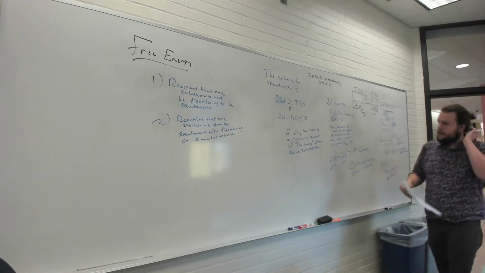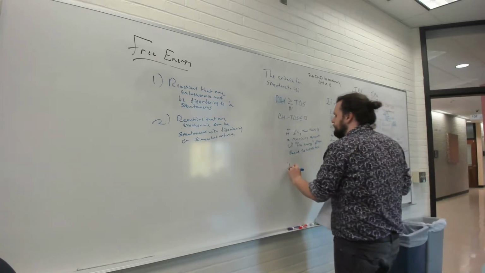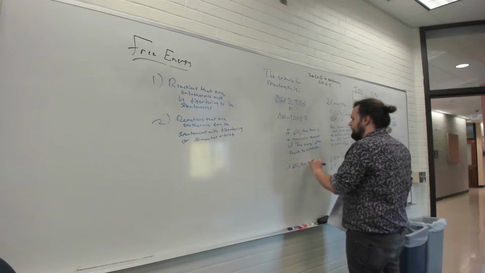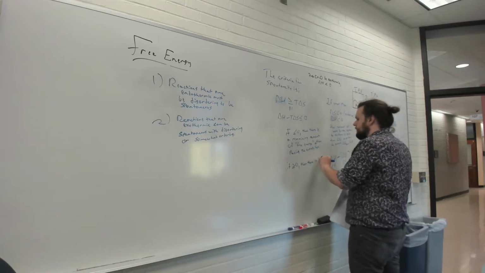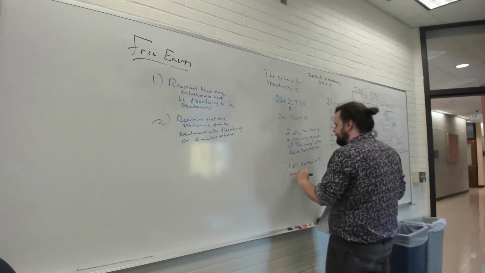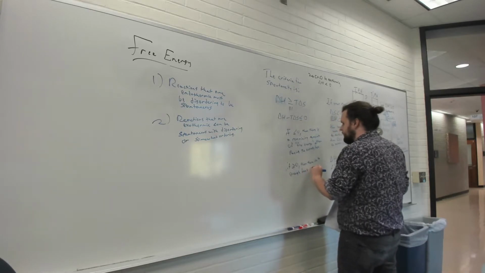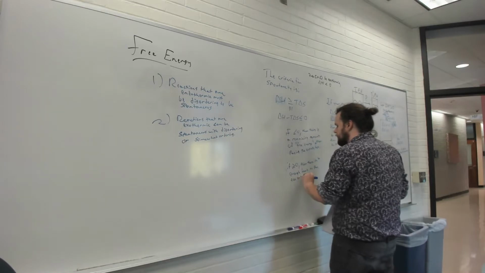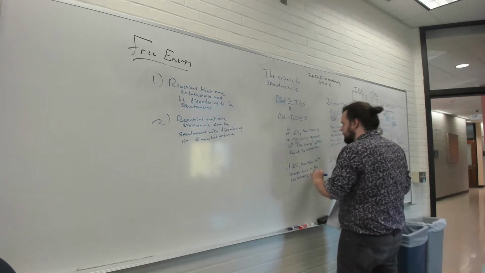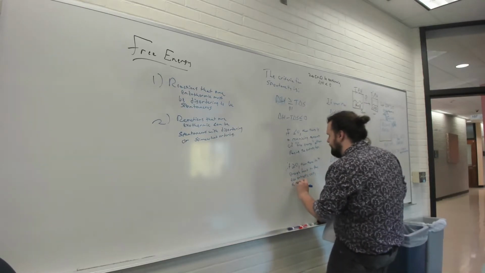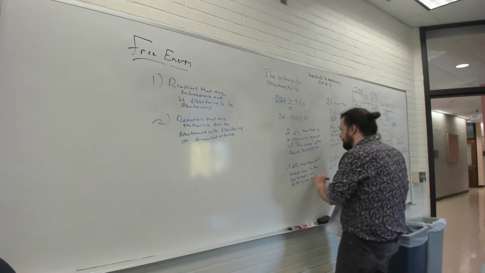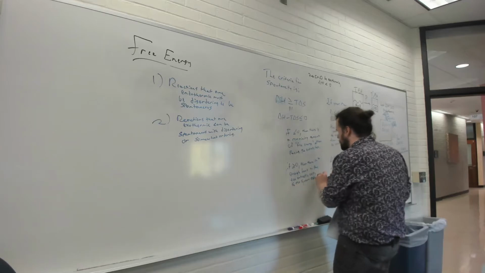So if delta H is greater than 0, then there isn't enough heat to pay the entropic cost. So the system expects additional energy to complete this process.